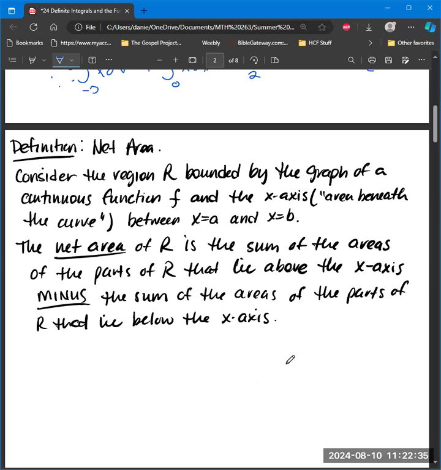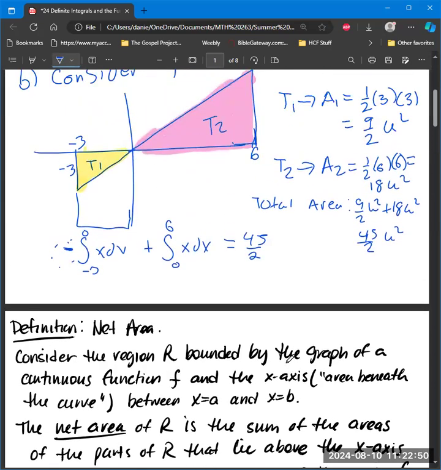The net area of the region R is the sum of the areas of the parts of R that lie above the x-axis minus the sum of the areas of the parts of R that are below the x-axis. So there it is right there. So the sum of the parts of the areas that are above the x-axis, that would be T2, minus the area that is the part below the x-axis, that would be T1.